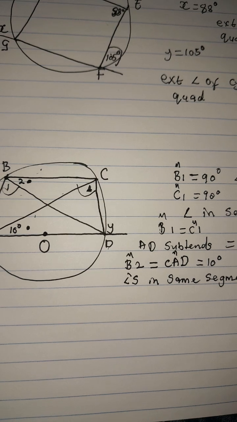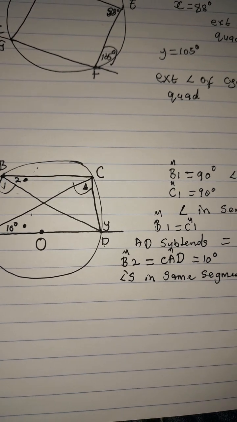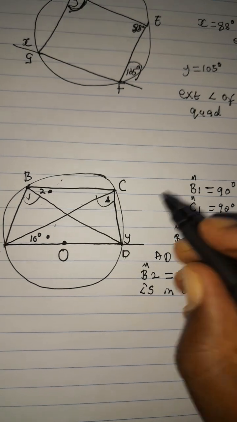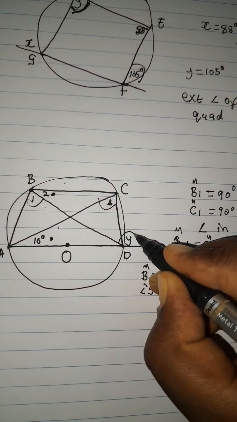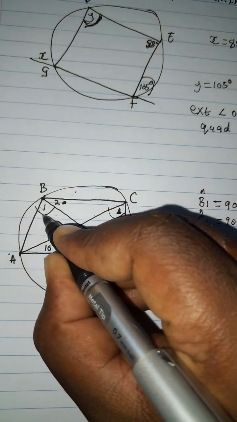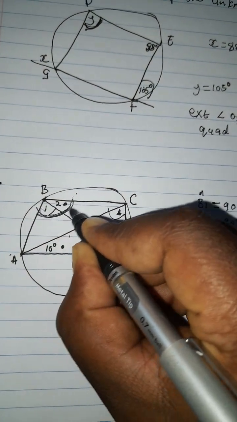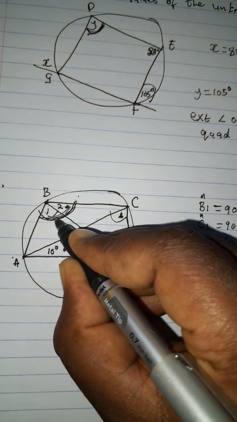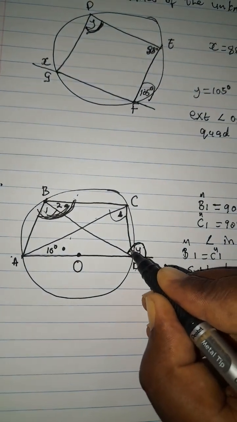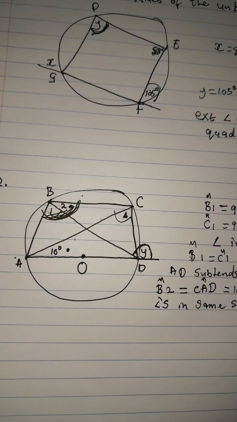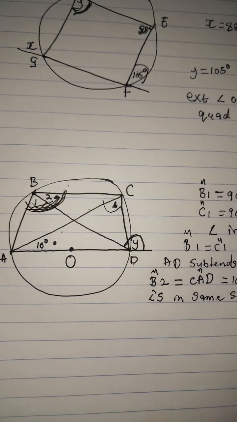What is left? There is a missing value for y. Can't you see that angle y is equal to the interior opposite angle, which is this? Remember, we are focusing on the exterior angle of a cyclic quad.